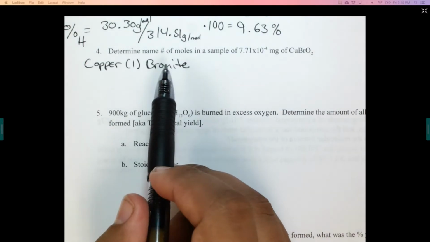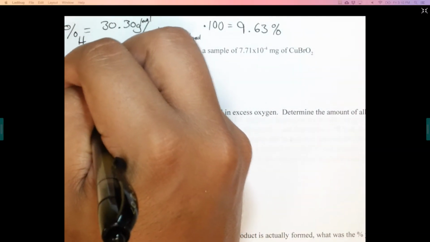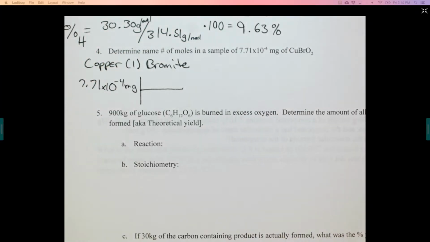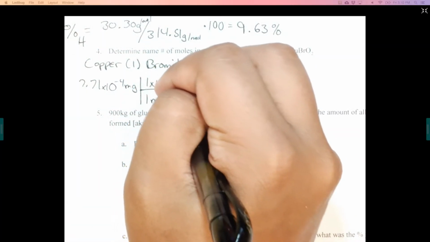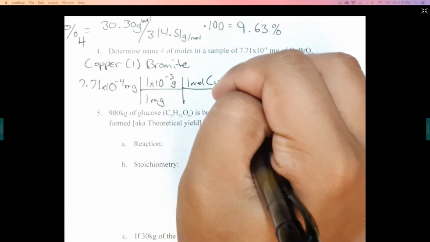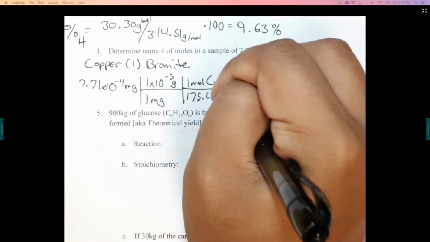Now, to determine the number of moles, we need to start with what we are given, which is 7.71 times 10 to the negative 4 milligrams. We need to convert this into moles, but we first need to convert this into grams. That means we're dealing with 1 times 10 to the negative 3 grams. And for every 1 mole of CuBrO2, there are 175.45 grams of CuBrO2.